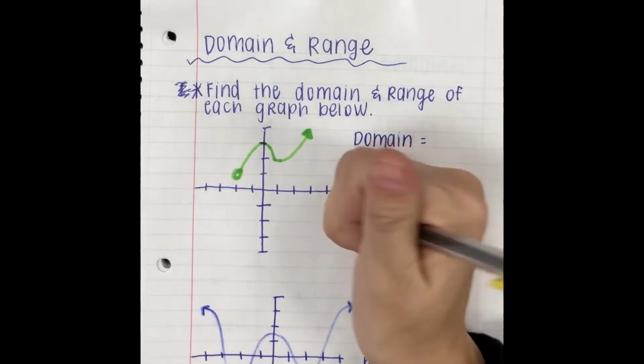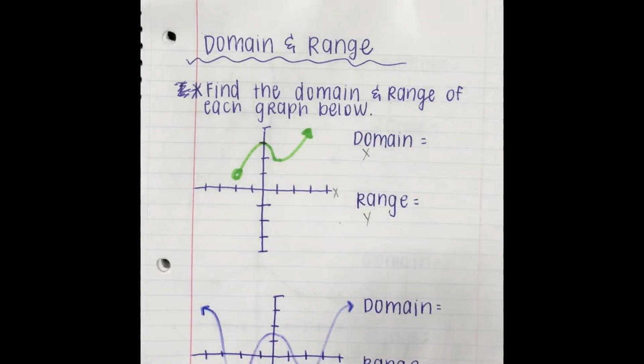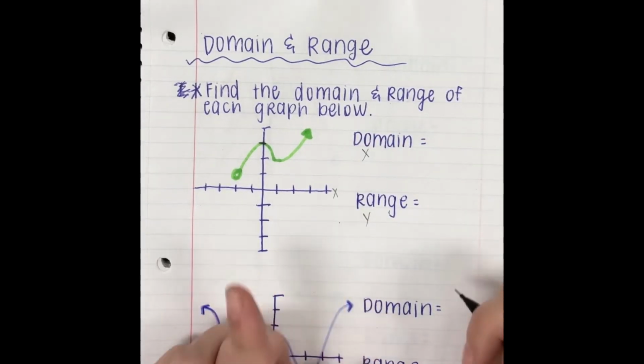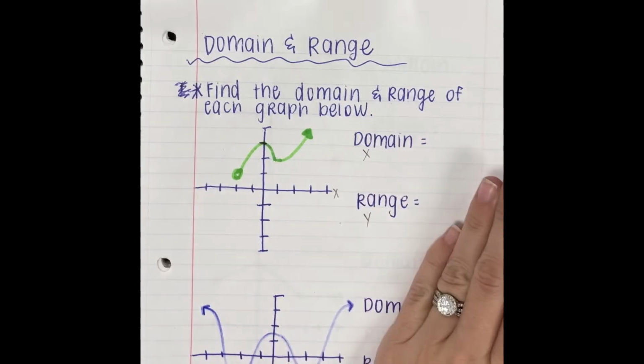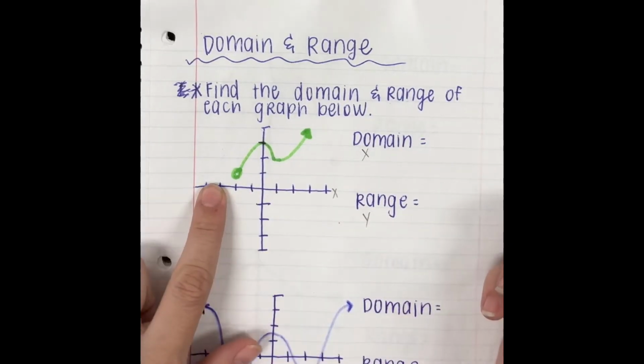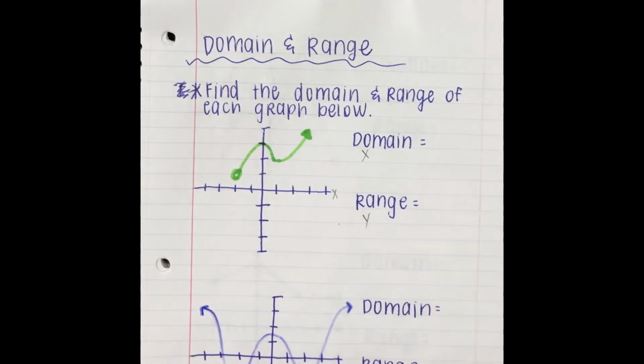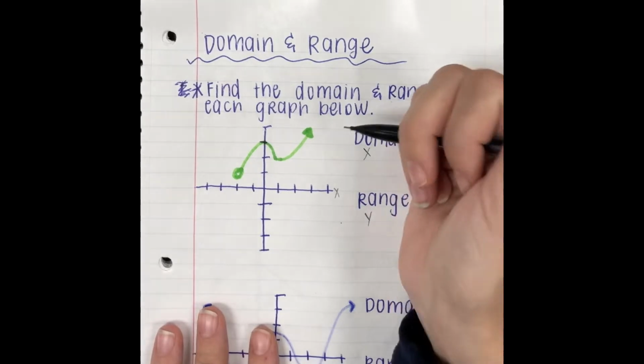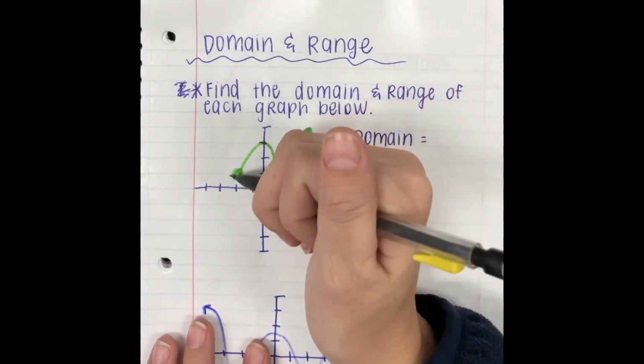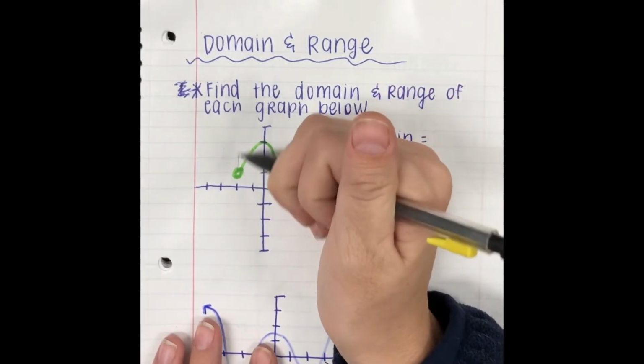Okay, so then we're going to look at our x-axis for domain. So we always want to start from smallest and work our way up to largest. So the smallest over we go on my x-axis, the smallest x value that we have in our points. Okay, so the furthest to the left we go is this point right here.